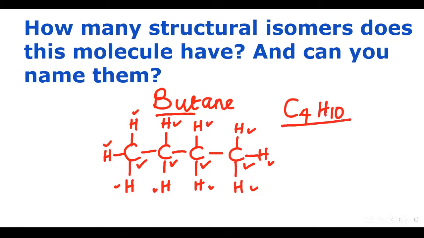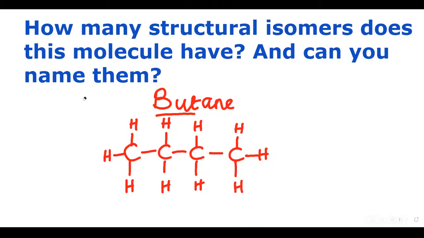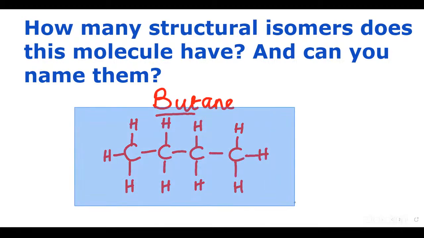So the isomer of this butane is going to have exactly the same molecular formula as butane. Okay, so let's see how we can figure that out. Give me a sec, let me quickly move this to the side so we have space.